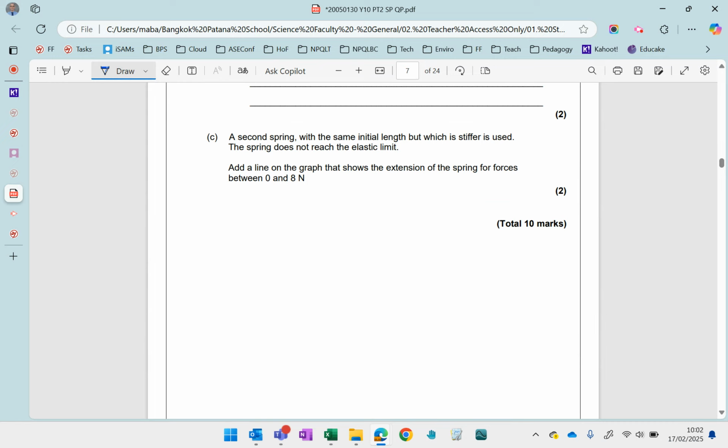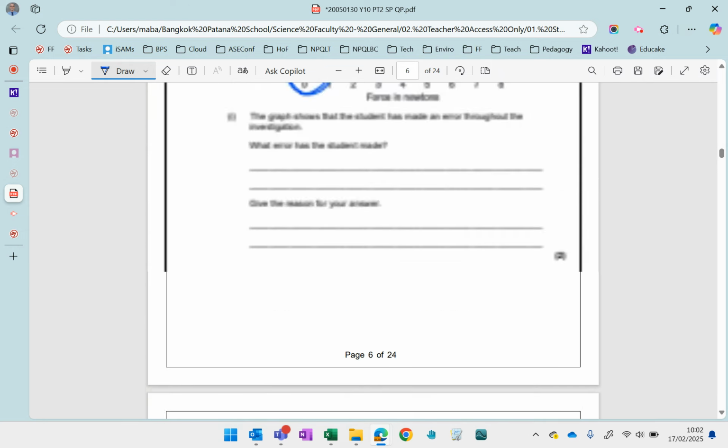Second spring, same initial length, but which is stiffer. So stiffer is used, and this spring does not reach its elastic limit. So we want to plot a graph of extension against force between 0 and 8 newtons, right?